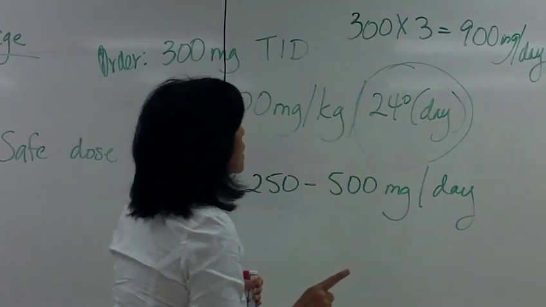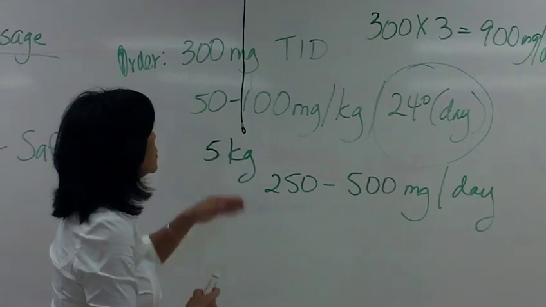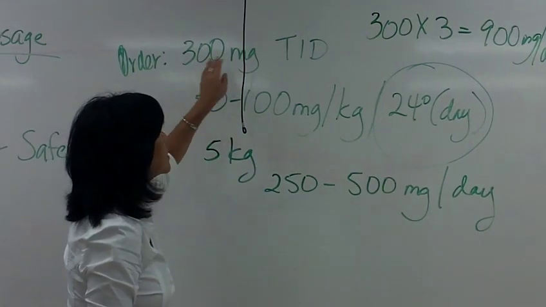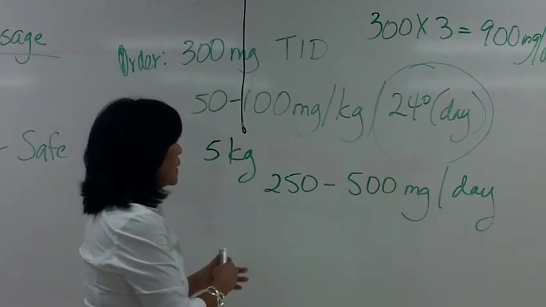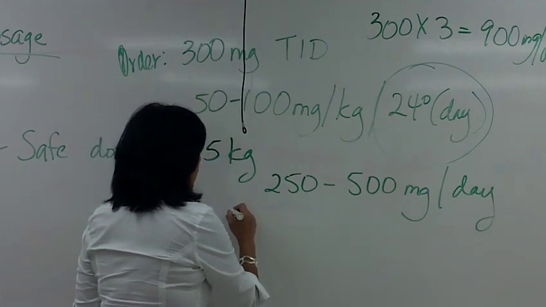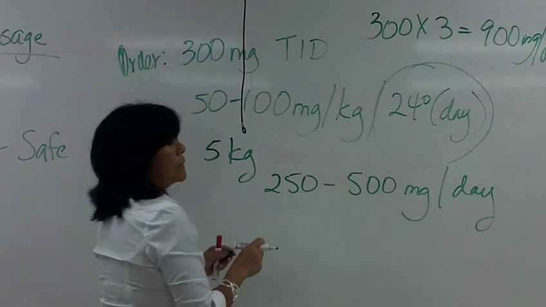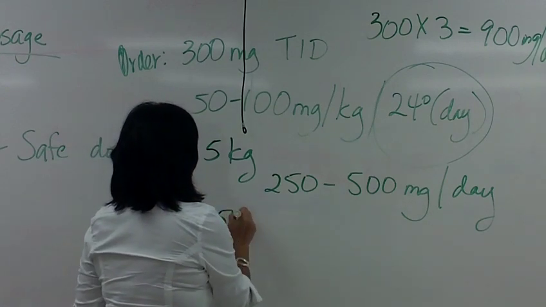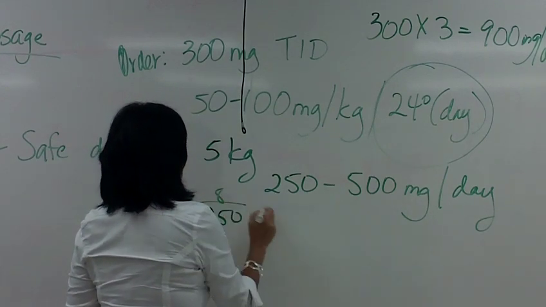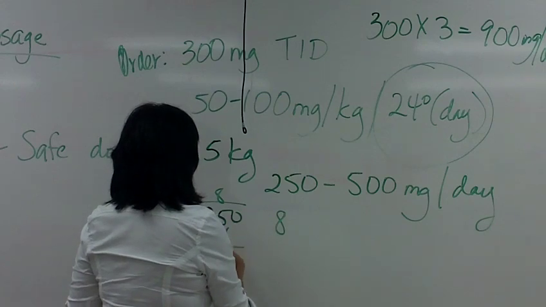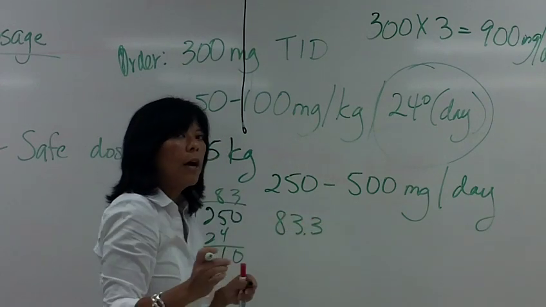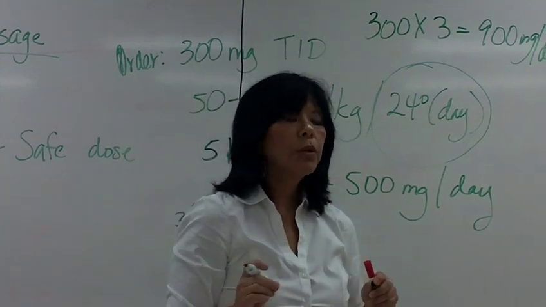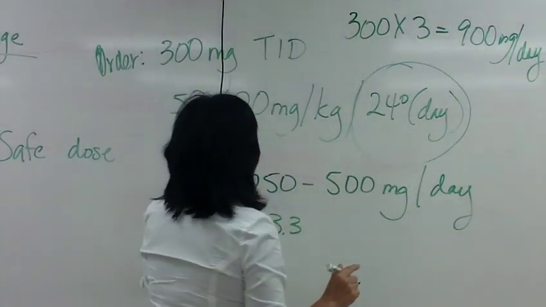The other way you can do this, some people find it's not easy to do. I have 300 milligrams 3 times a day. That's the single dose. They go back here and then they divide 250 by 3, which is 83.3, okay? And I'll explain that later about kilogram.